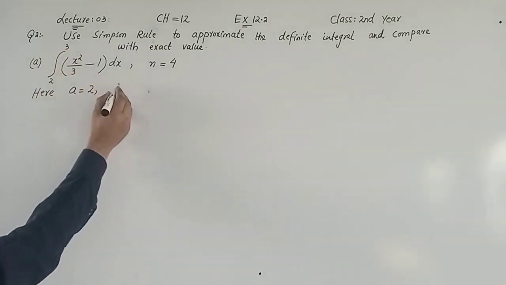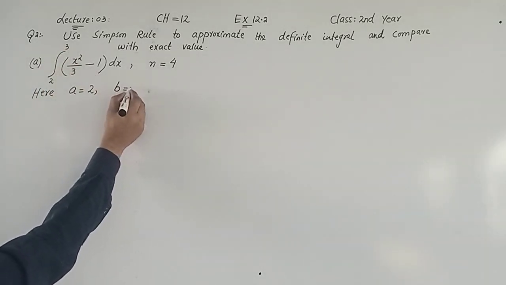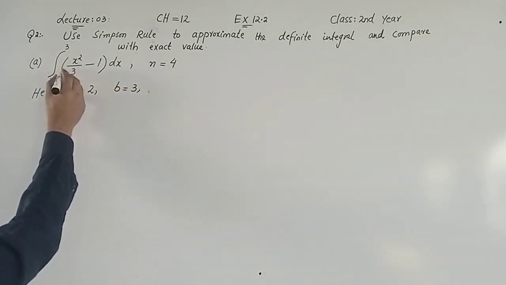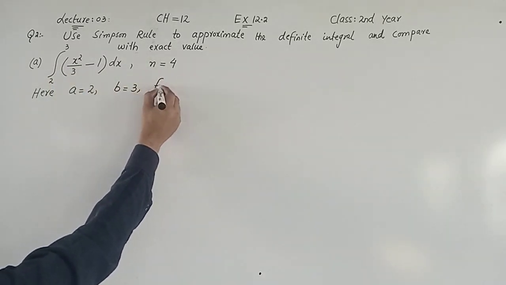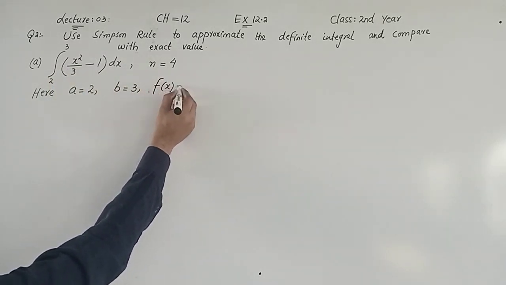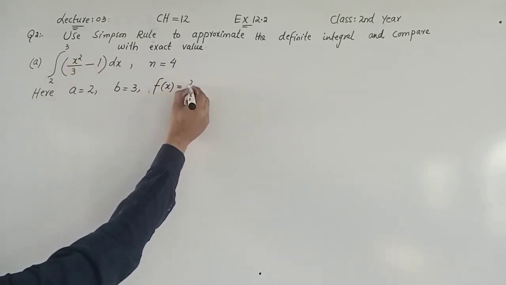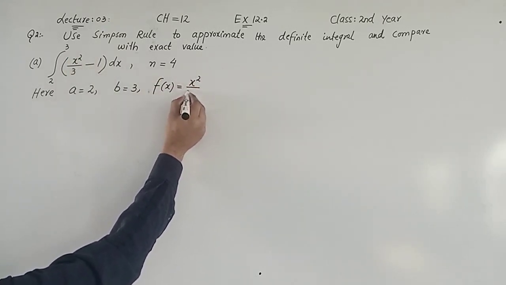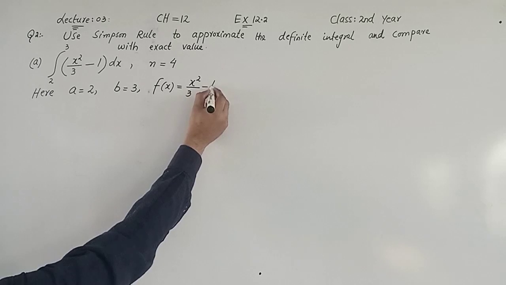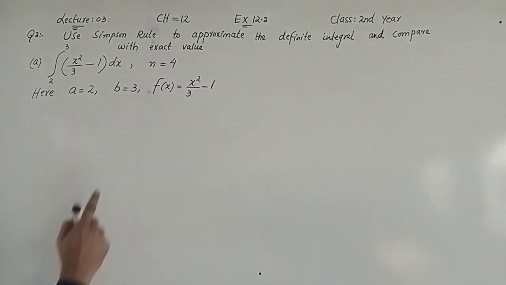B is equal to 3, upper limit of integration. F of x is equal to x square divided by 3 minus 1.